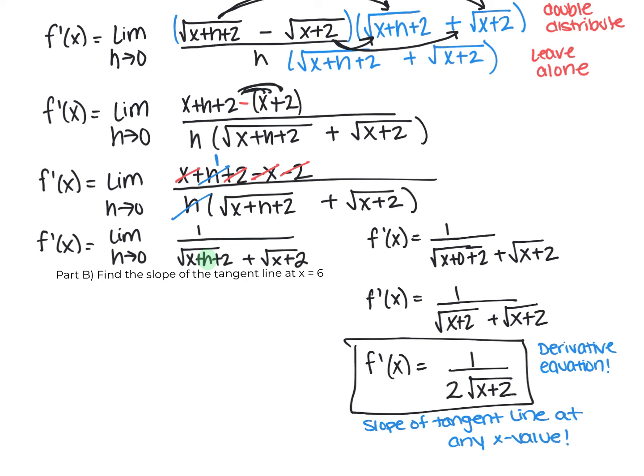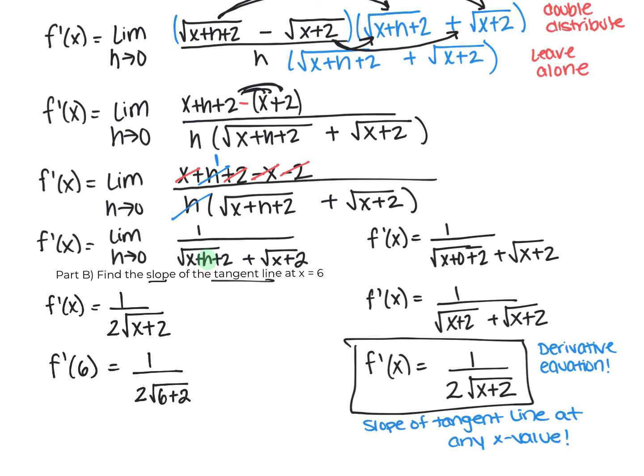So let's read part 2. Part 2 says, find the slope of the tangent line at x equals 6. So if we have our derivative, f prime of x, which is 1 over 2 times rad x plus 2, if I want to find the slope of the tangent line, all I'm going to do is plug 6 into my derivative. So 1 over 2 rad 6 plus 2.